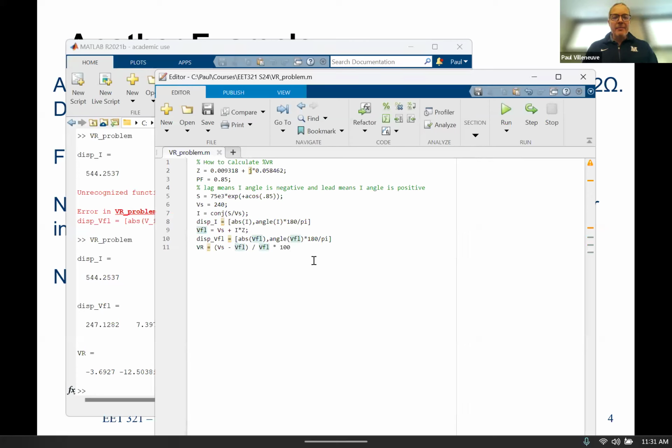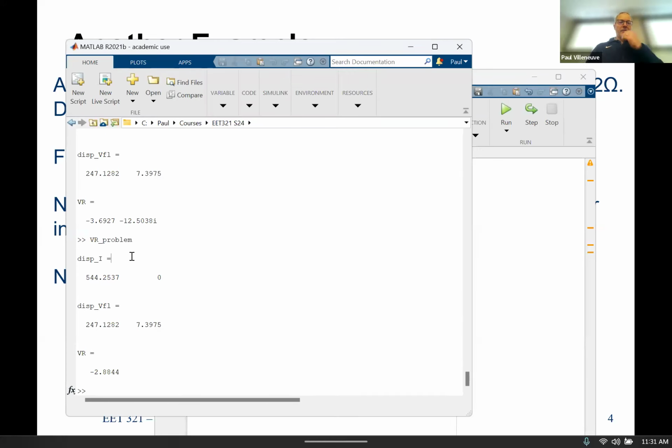Forgot to put abs here, and abs here, because I only need the magnitude. And that's what I got.